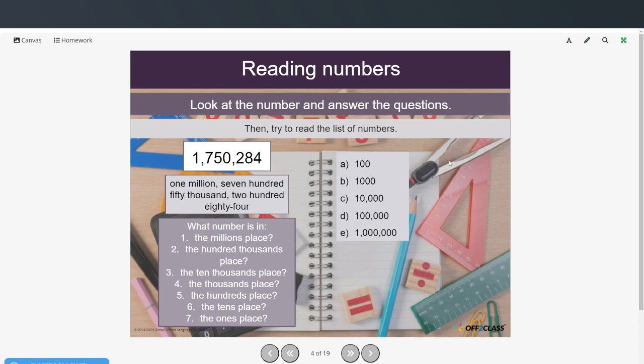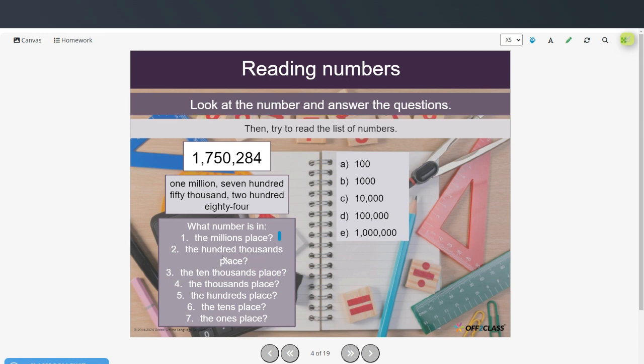So look at the number and then answer the question, then try to read the list of numbers. So this number is 1,750,284. So what number is in the millions place? Well, the millions place in this number is the number 1.